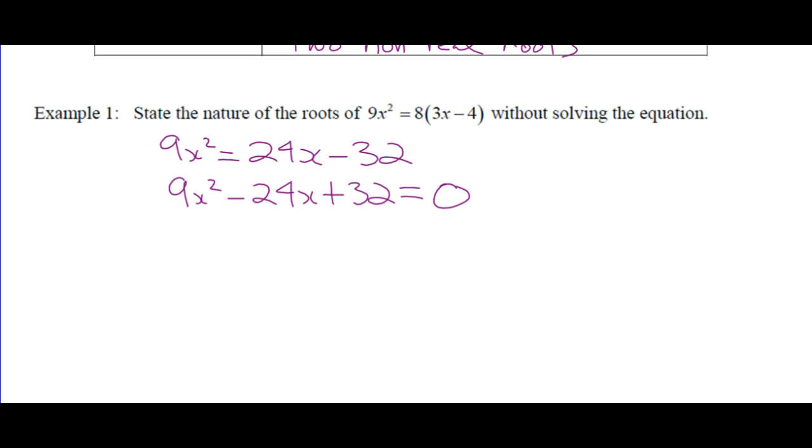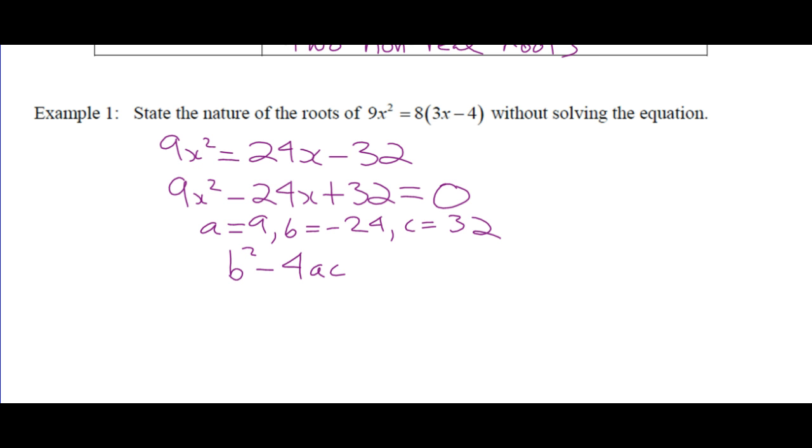Now, is this asking us to solve? No, it's saying, what are the roots? So we cut to the chase. First we should label a is 9, b is negative 24, c is 32.